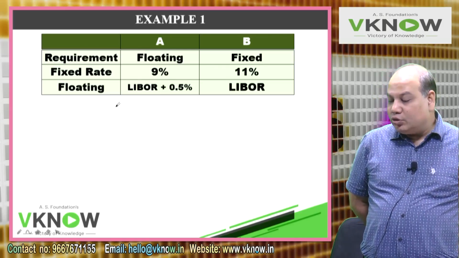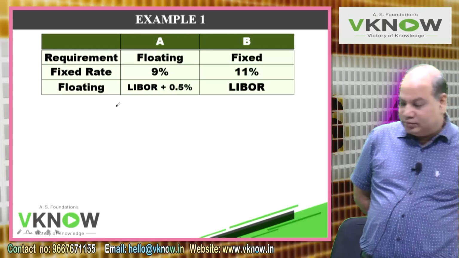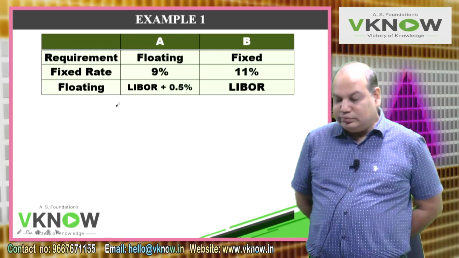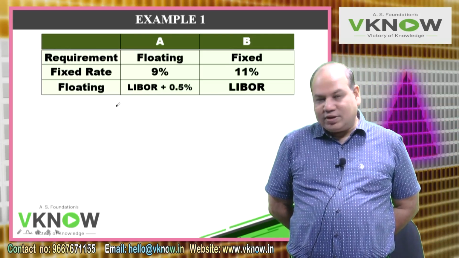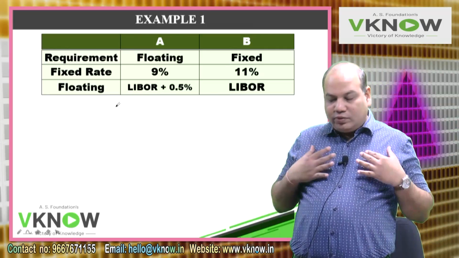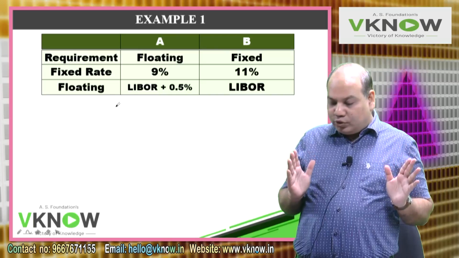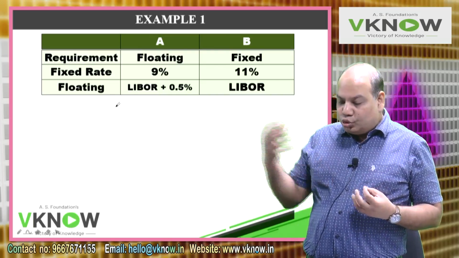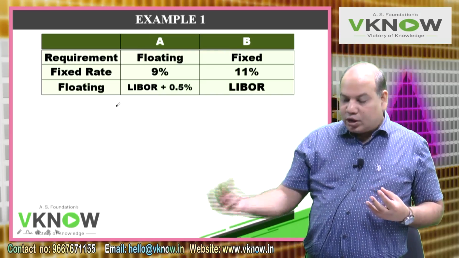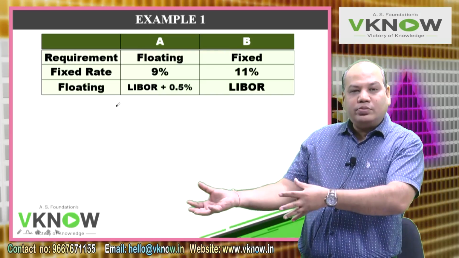So if they get to know about each other, just for example's sake, they will shake hands. A will tell B, see, I want floating, but I will borrow at fixed. You borrow at LIBOR. I will pay you LIBOR.